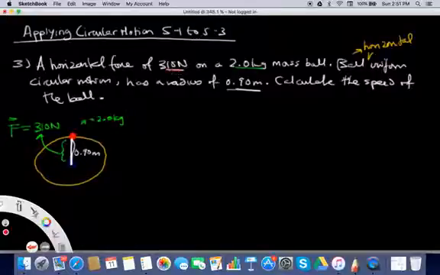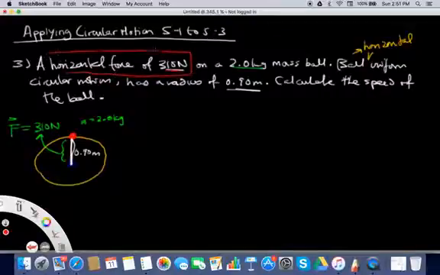So what can we do here? Well, we're given a horizontal force, so let's first use that piece of information. We know that any type of force that's acting on this ball is pretty much our net force, because it's radially inward, right?